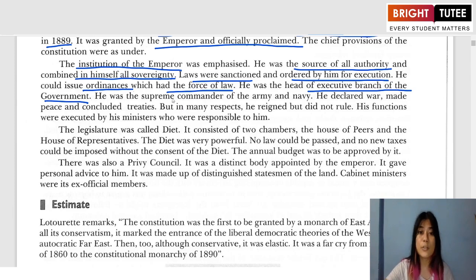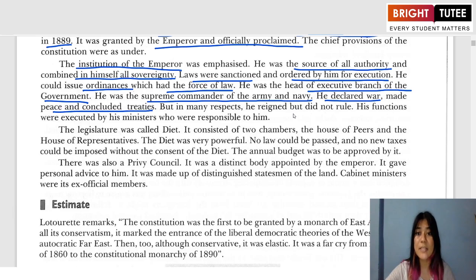He was also supreme commander of the army as well as the navy. When required, he declared war, made peace and concluded treaties. So he had absolute power over Japan, its military, its administration, its economy, all of it. He had all the authority now.